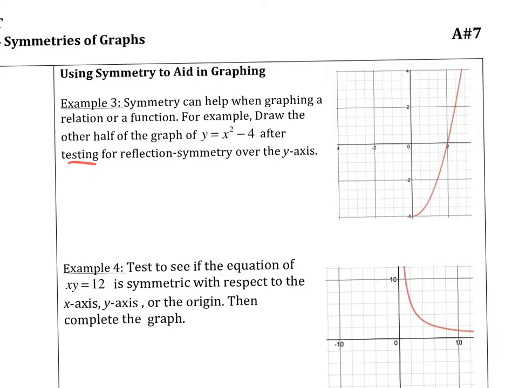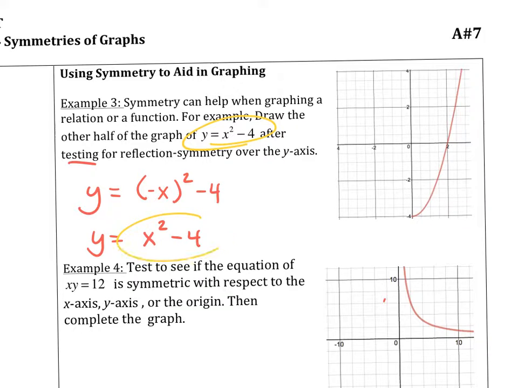How do I know it works? Well, let me plug a negative x in right there. If I get the same function coming out, then I know I can just trace it over. Negative squared is positive, so since I ended with where I started, all I have to do is start taking points like this one and moving it over to there.